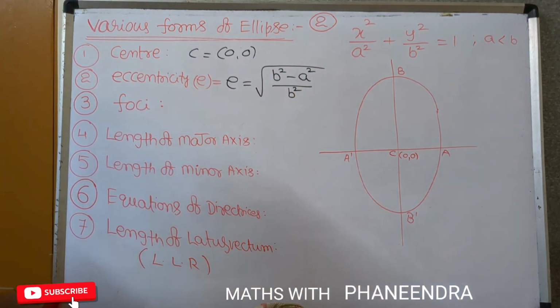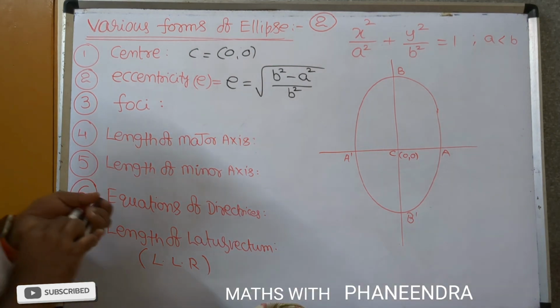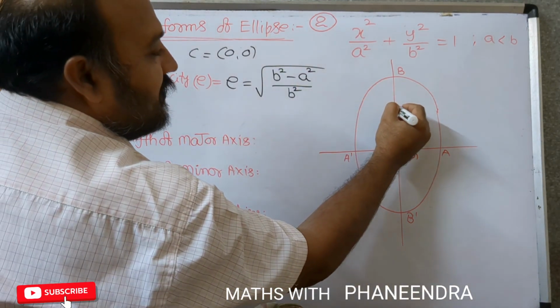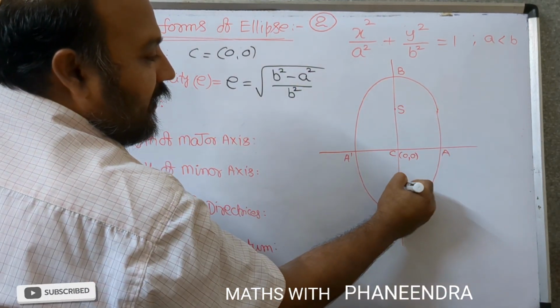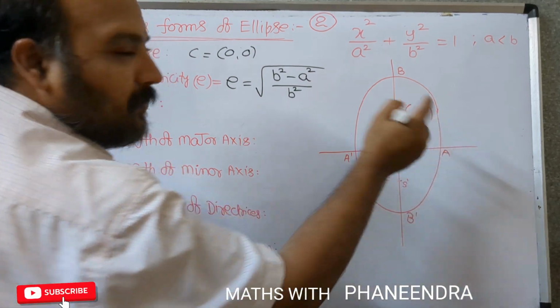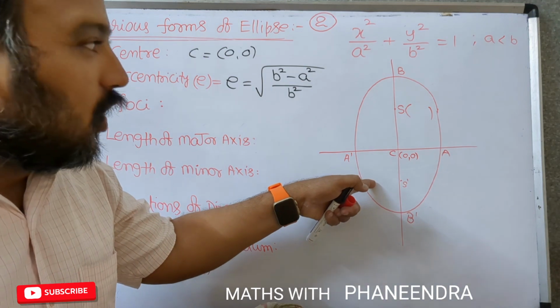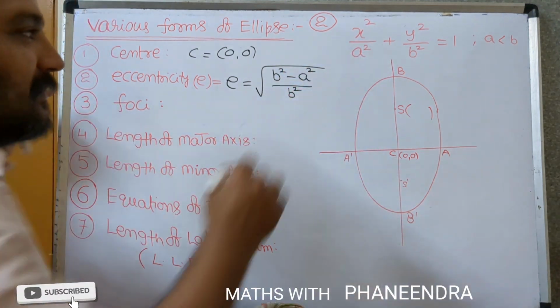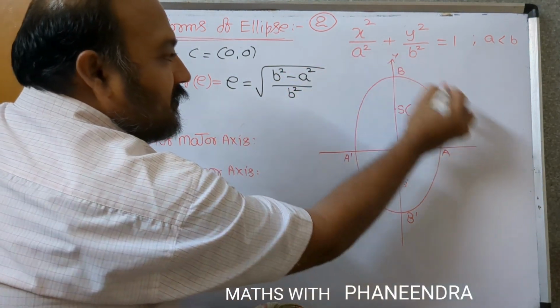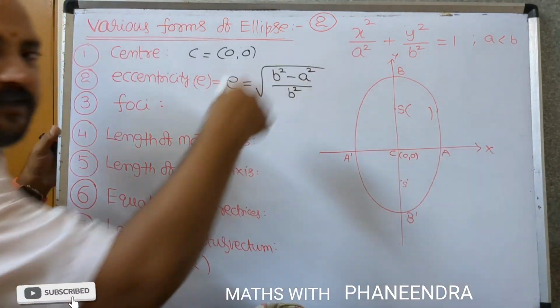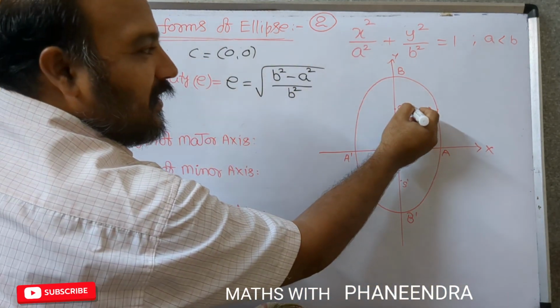The coordinates of foci: here S and S dash. We observe that both foci lie on the y-axis. On the y-axis, the x coordinate is 0.